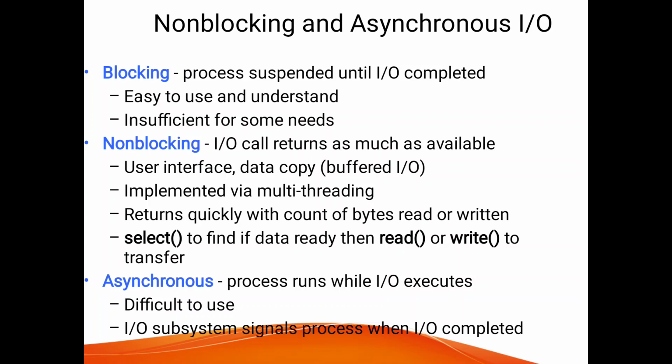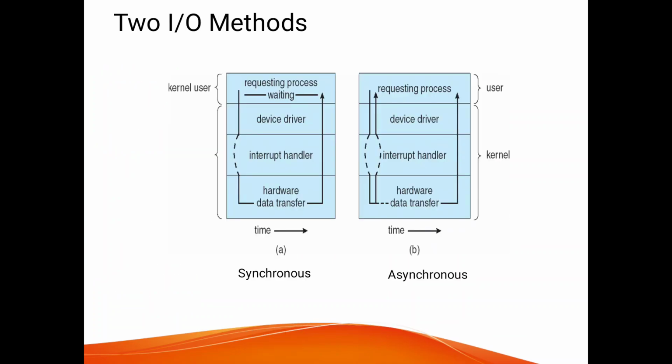In asynchronous mode, the process runs while the I/O executes. It is difficult to use. The I/O subsystem signals the process when the I/O is completed. Here the asynchronous and synchronous methods are compared. The kernel user makes a request to access the process, and in that time it is in the waiting state. It accesses the device driver, and the interrupt handler handles the interrupt signals.